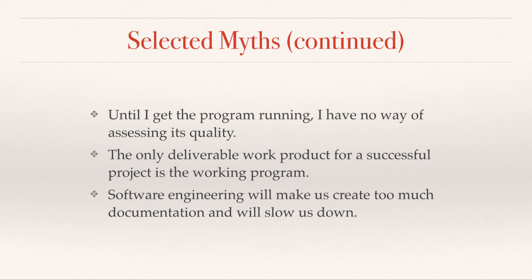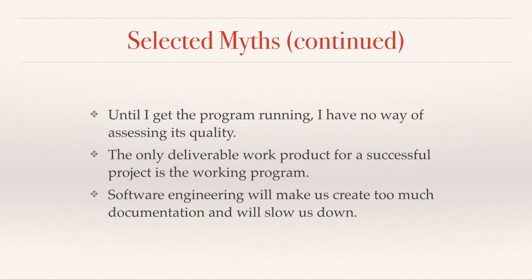However, as we'll see when we start talking about agile development, there are developers who might think that calling these things myths is somewhat misleading. They would say that working software is the primary measure of progress.